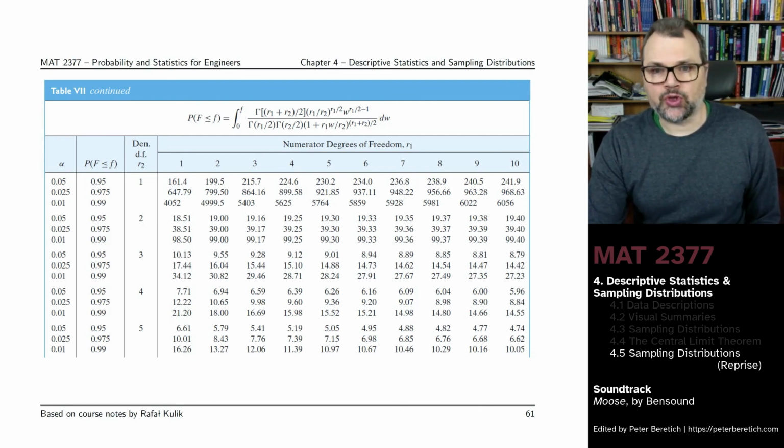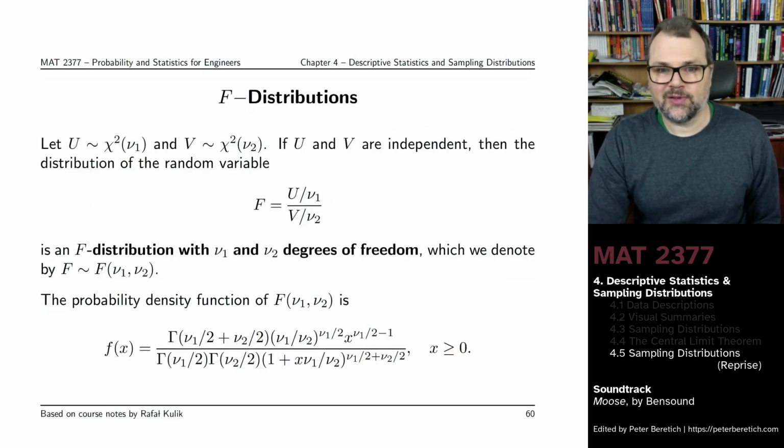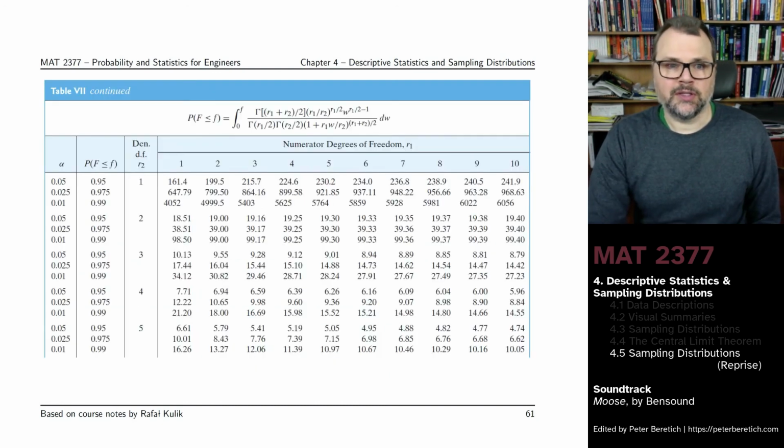In the literature, you will often find the first parameter, nu1 or r1 in this table, being called the numerator degrees of freedom. It's the one that shows up here, the numerator of this quotient. And nu2, r2, that's the denominator degrees of freedom.